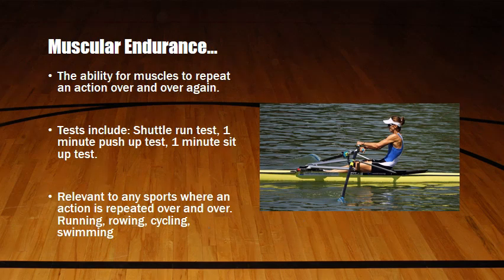This is tied up with our beep test, but we're also going to do the sit-up test and the push-up test just for funsies. Remember, this fitness component is associated with anything where you're repeating over and over again. So our swimmers, our cyclists, and our runners will be always doing the same action over and over again.